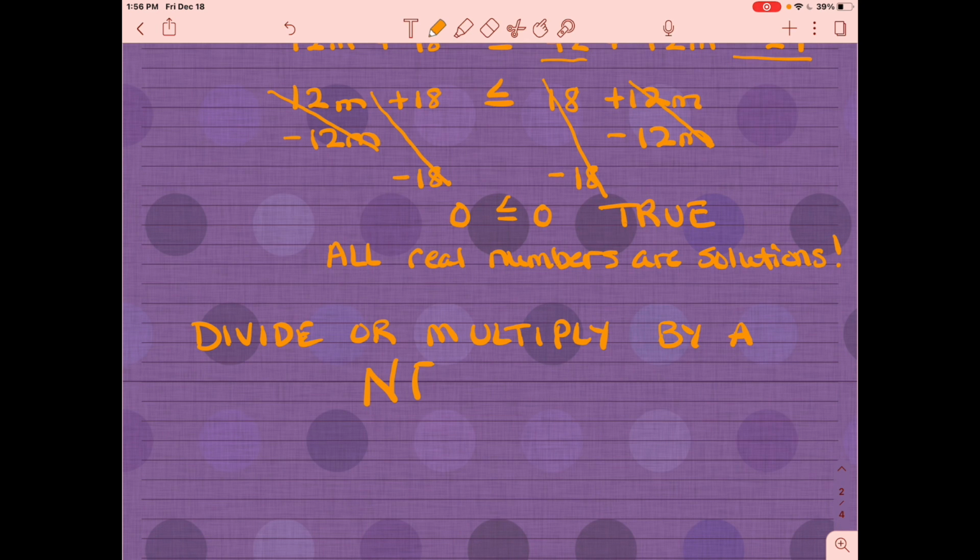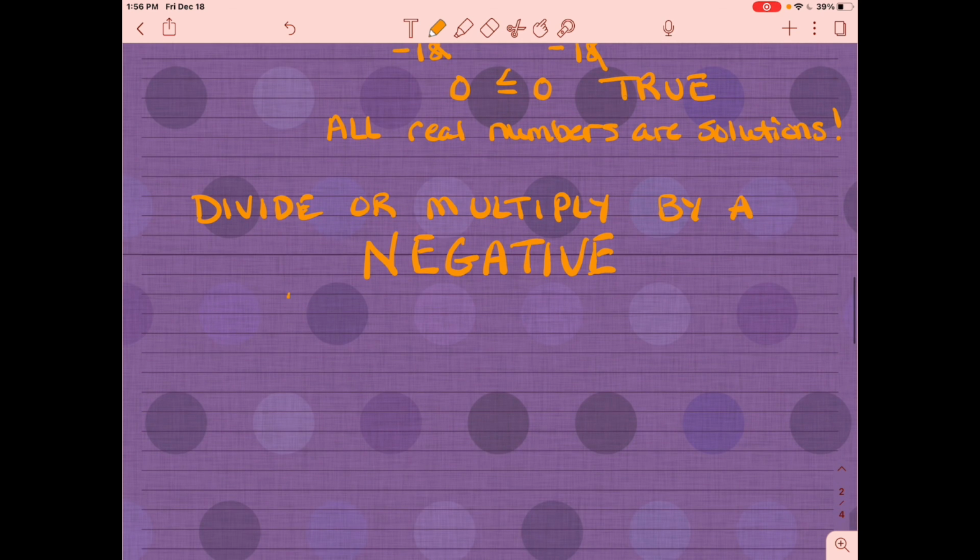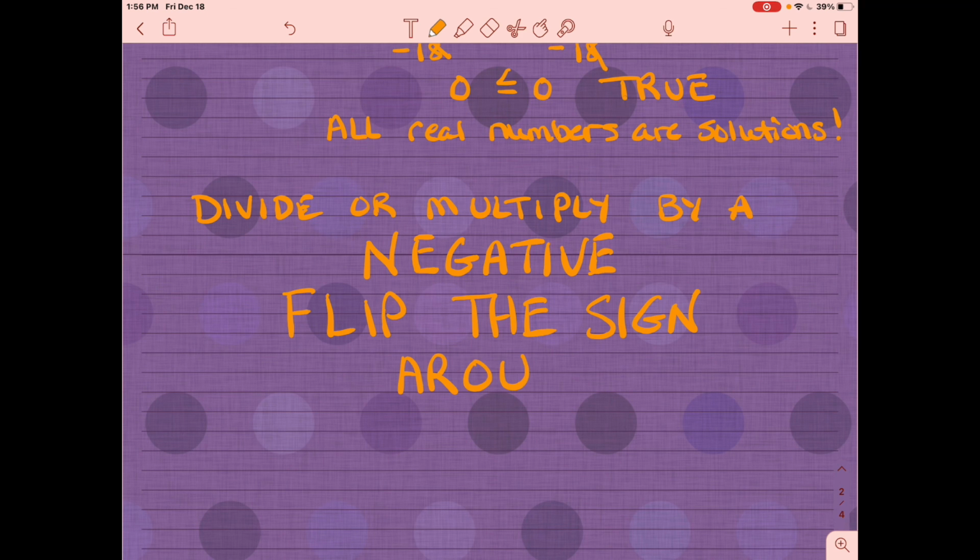Negative, then I need to change the sense of the sign or flip the sign around. Okay, that'll keep your sentence true. Other than that, everything is the same as what you have learned previously this year and in years past.